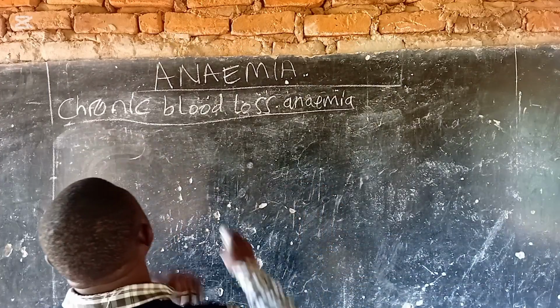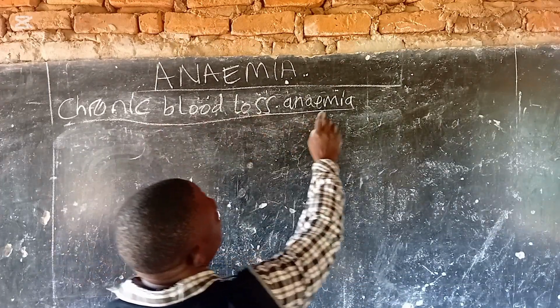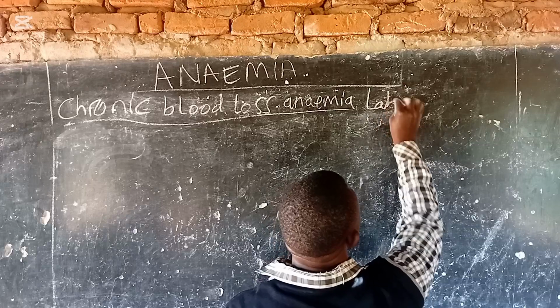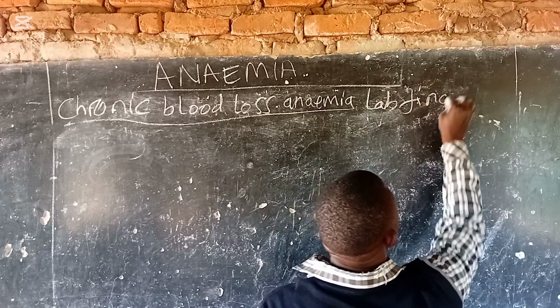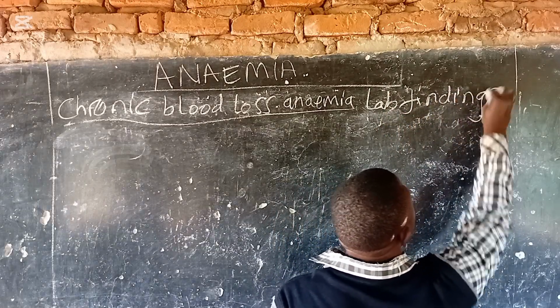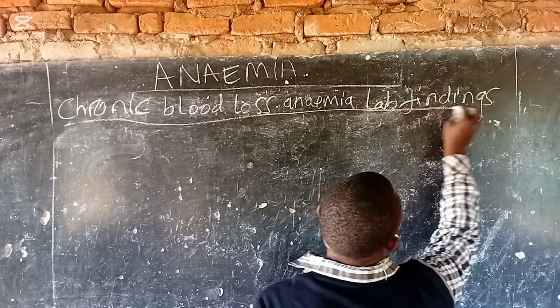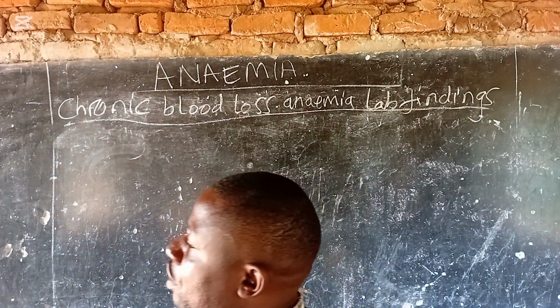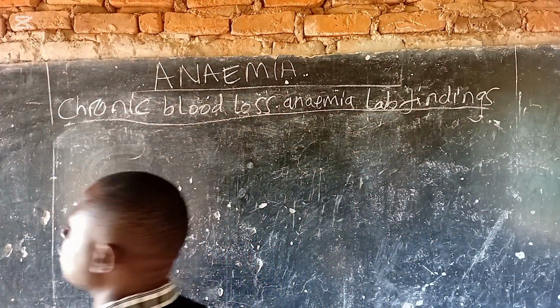So we are looking at the chronic blood loss anemia lab findings. What can you find out in the lab?